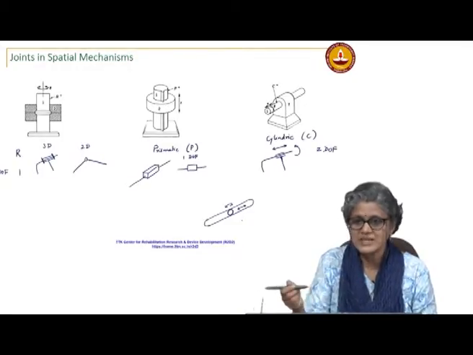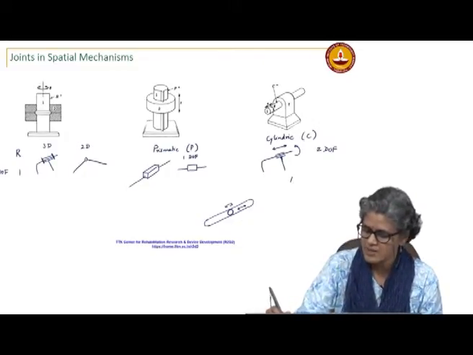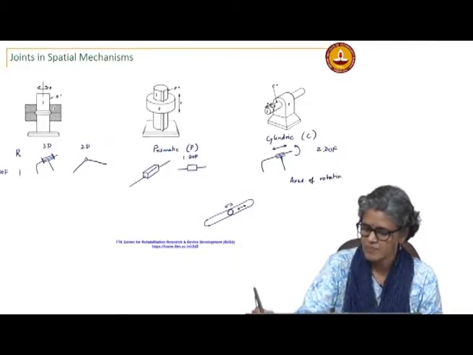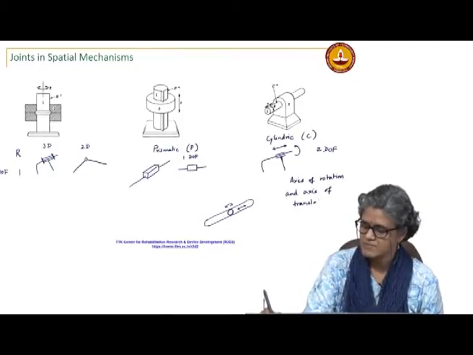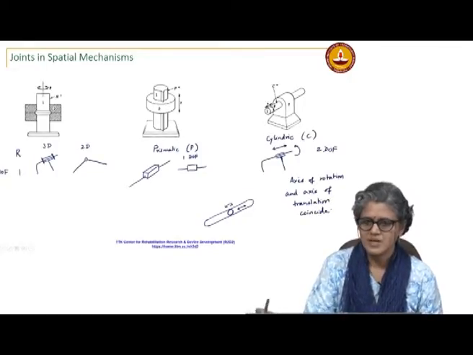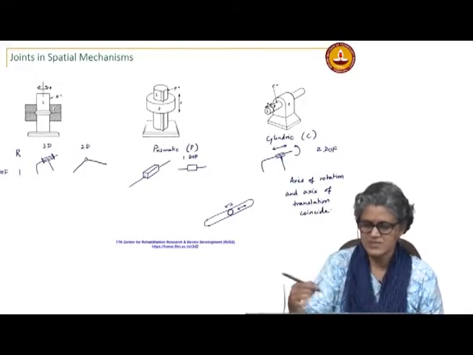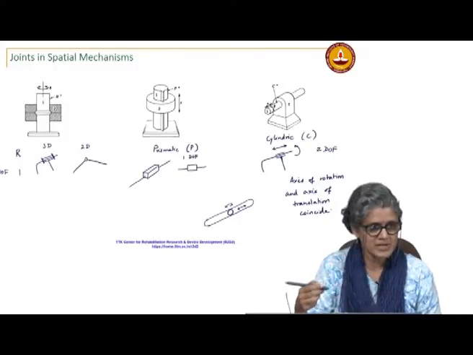So it is translating along the same axis about which it is rotating. The cylinder has only one axis, so there is translation happening about that axis as well as rotation about that axis.